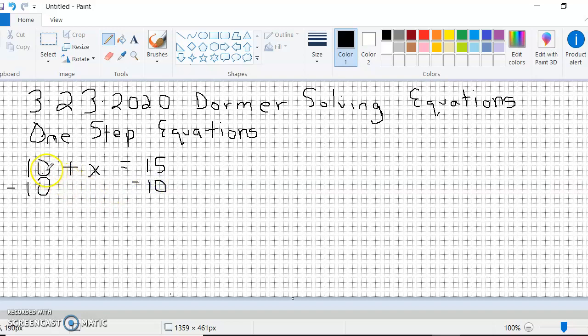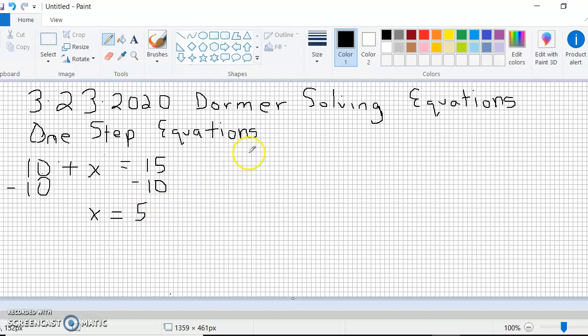Now plus 10 minus 10 is 0, so I don't have to put anything here. Now I have x equals 15 minus 10, which is equal to 5. Very, very simple.